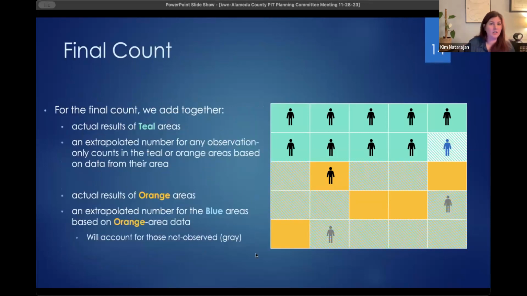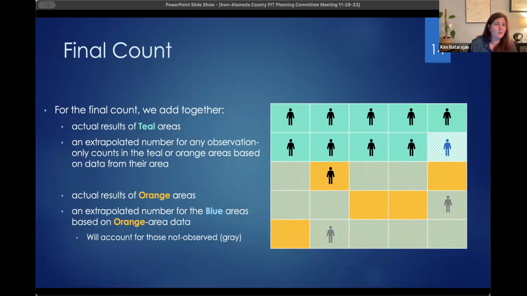So when we come to the final count, what's going to happen is we're adding up all the teal areas of places that we actually visited and surveyed and completed a full survey with volunteers. That's real data. And we're going to add to that extrapolation on anybody who refused to survey in that area that we did visit with volunteers.